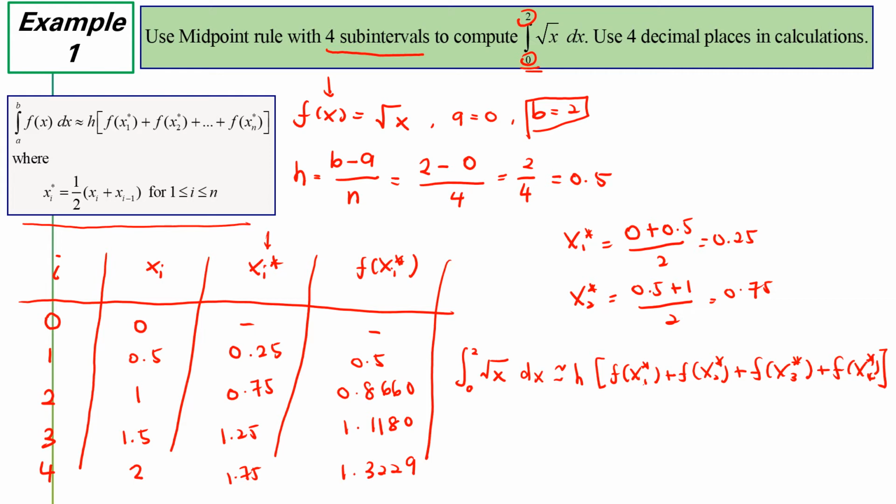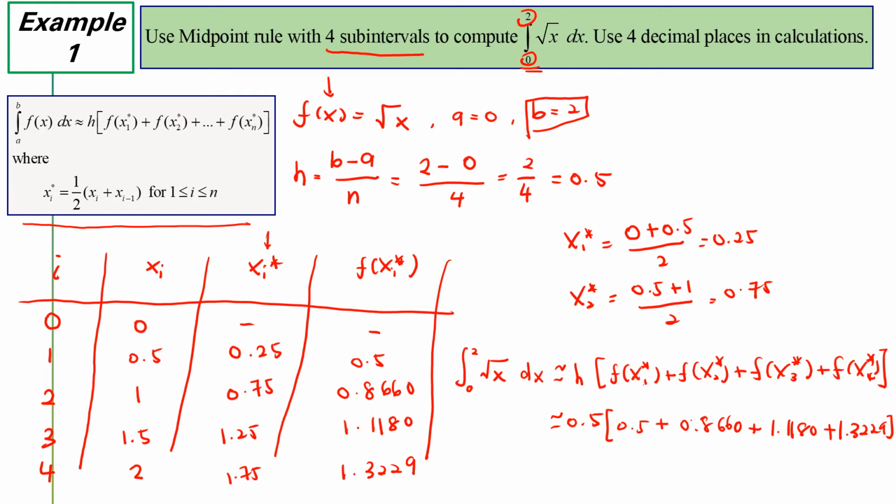So our h is 0.5 times 0.5 plus 0.8660 plus 1.1180 plus 1.3229.